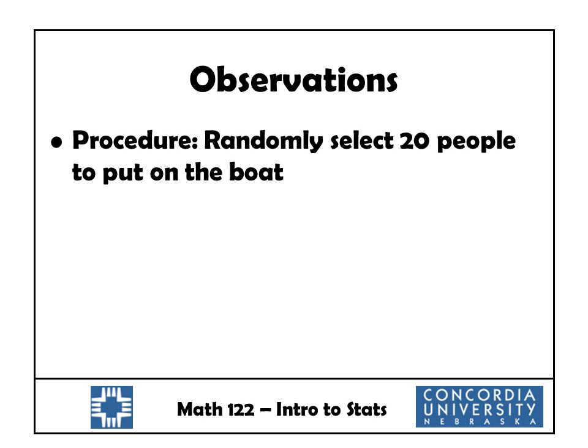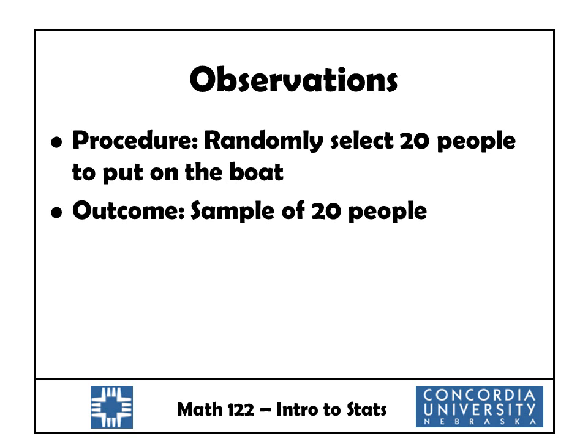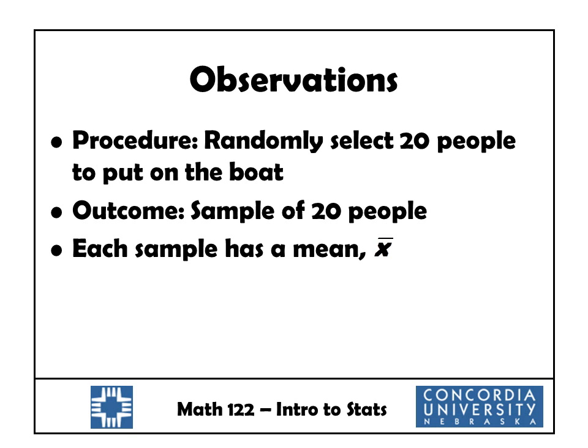So let's make a couple of other quick observations here. When we load the boat, we have a procedure. That procedure is that we're randomly selecting 20 people to put on the boat. An outcome of that procedure would be a sample of 20 people. Each one of those samples that I put on the boat will have a mean, a sample mean x bar.